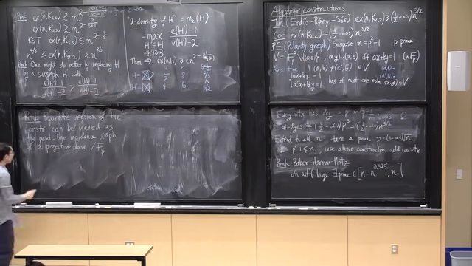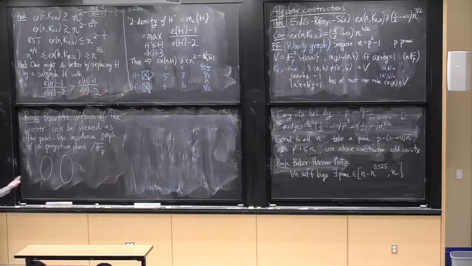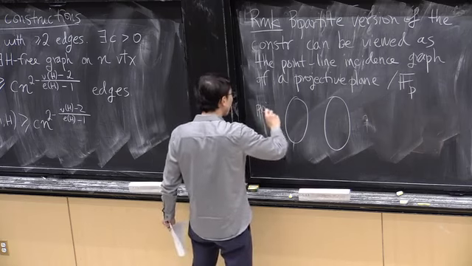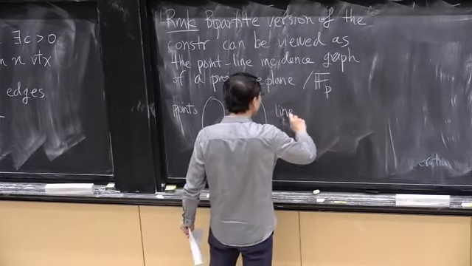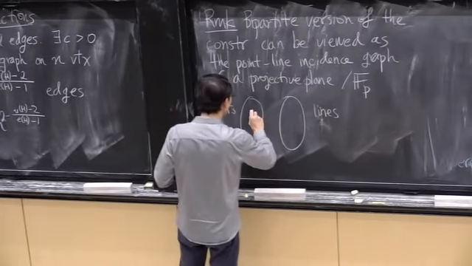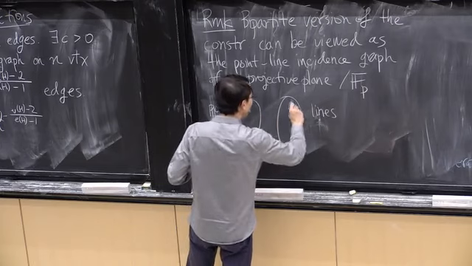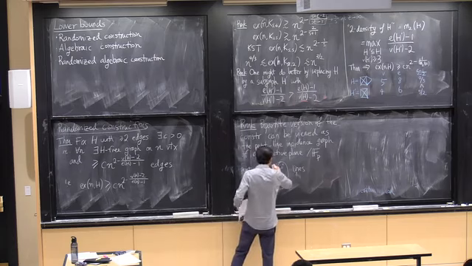And by this, I mean put as one vertex set the points of the projective plane, and on the other side the lines. And I put in an edge between a point and a line if and only if the point lies on the line.